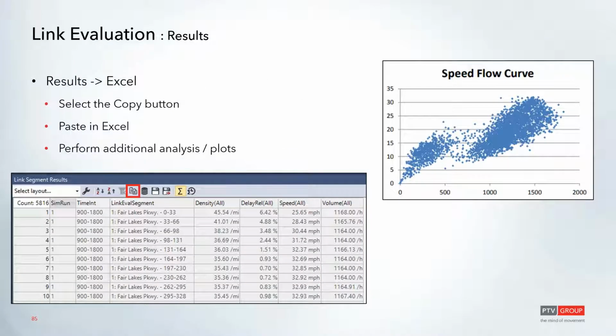And then if you do want to do any additional post-processing or additional analysis, you can copy these results by selecting the Copy button at the top of the link list. And then you can go ahead and paste all of that data into Excel if you want to create any additional plots or tables or charts. And here's just an example where we're looking at different vehicle speeds. So we're taking that speed attribute and then plotting how that changes over time.